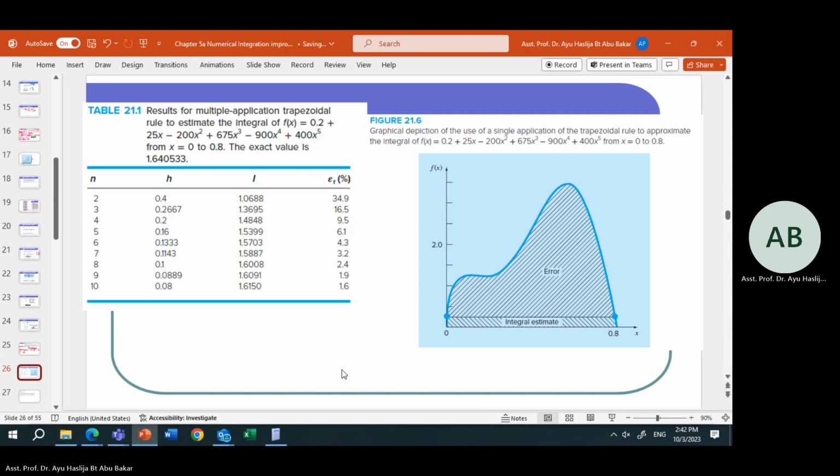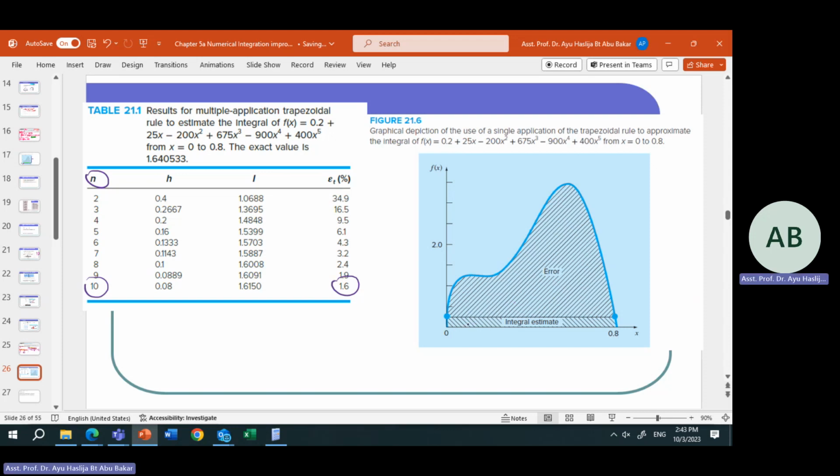Here it uses multiple application, where n refers to the number of segments. You can see up to 10 segments, the error is reduced to 1.6%.